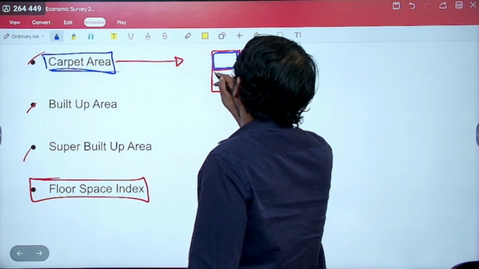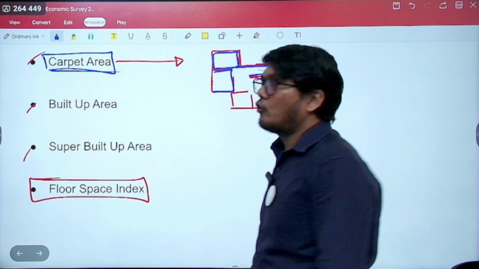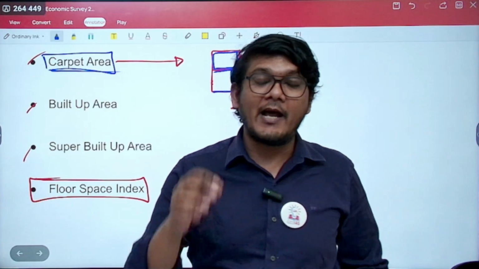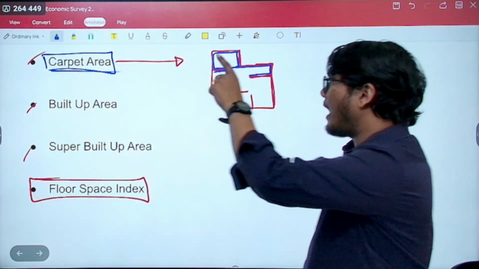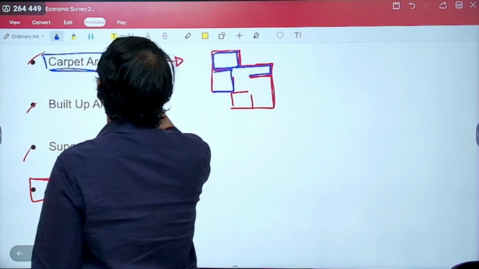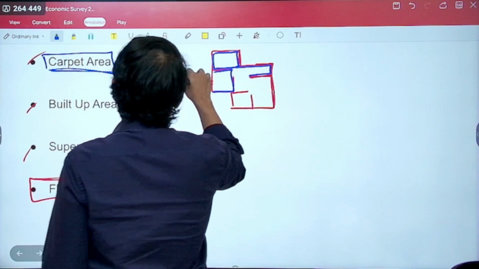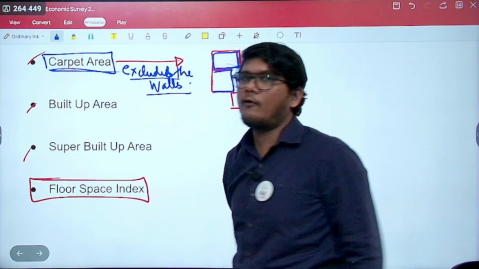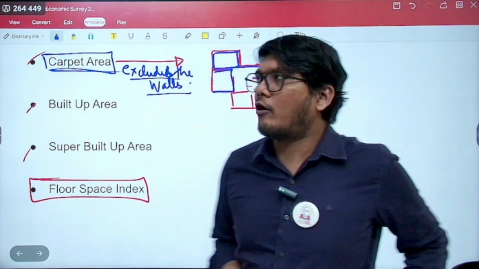This is where you can basically put the carpet. Is that correct? So the area where you can put the carpet is the carpet area, and you cannot put the carpet on the walls. That means the carpet area basically excludes the walls that are there. This is the concept of carpet area, which does not include the area of the walls.